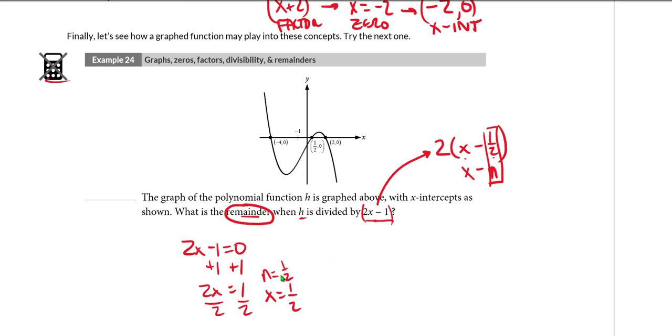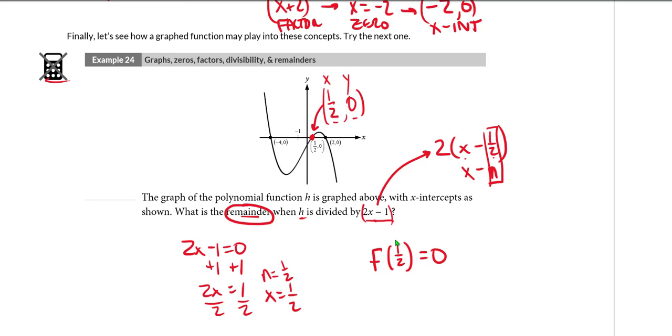I'm going to look at the graph and I'm going to see that when x, or our n value, is 1/2, in other words, when 1/2 goes into the function, that's an x value, what comes out is 0. And we need to understand that when it comes to graphs and function notation, writing the ordered pair 1/2 comma 0 is no different from writing this.